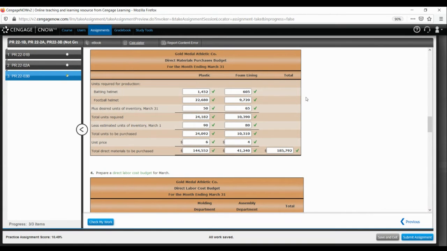And our direct materials purchases budget is completed.